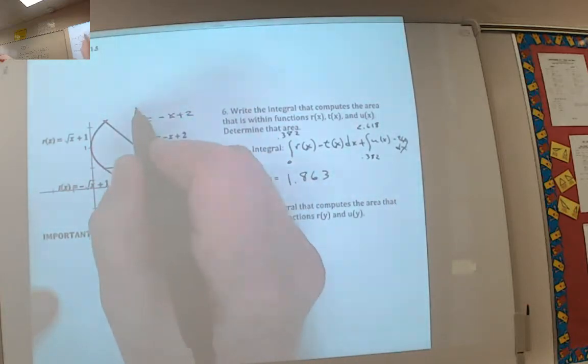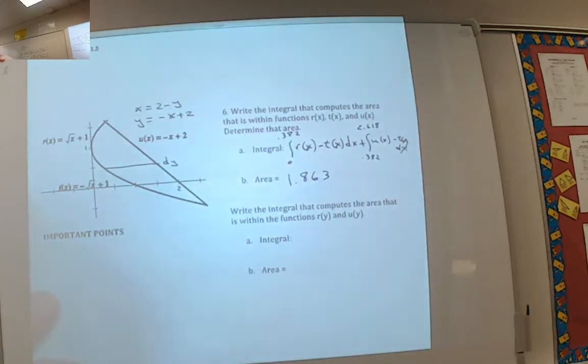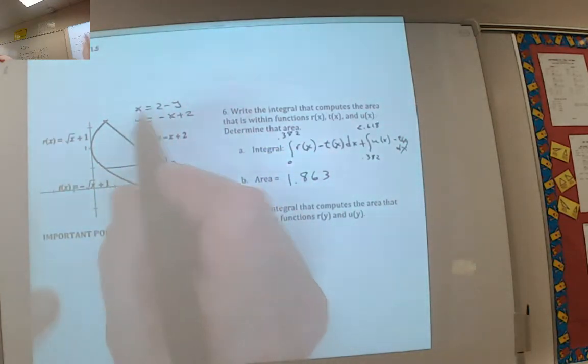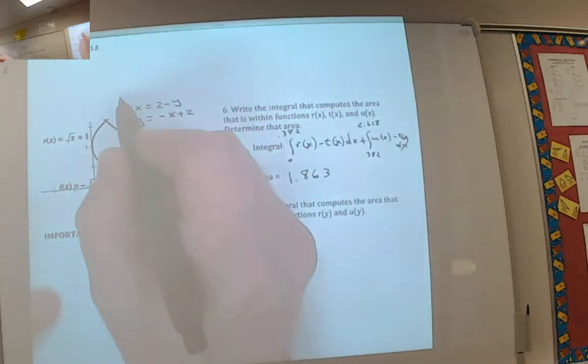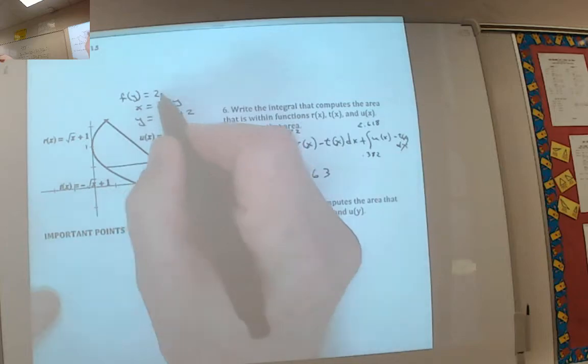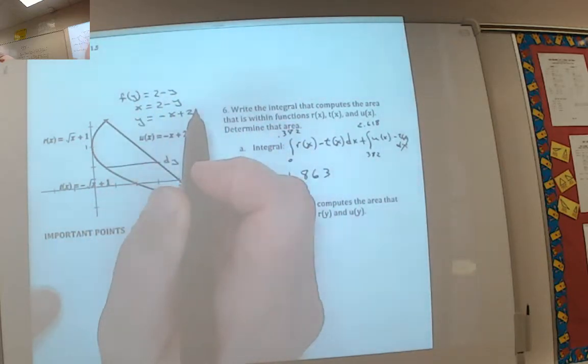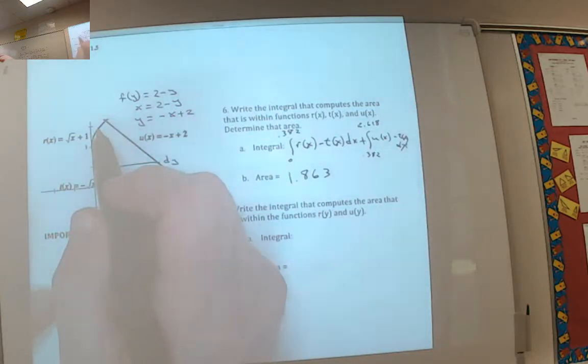And I came up with x equals 2 minus y. Is that correct? Okay. And so this sometimes is called f of y, by the way, equals 2 minus y. And it's basically saying to figure out x, you would have to input y. Y now becomes my independent variable. X becomes my dependent variable.